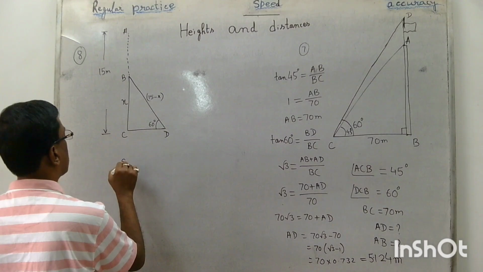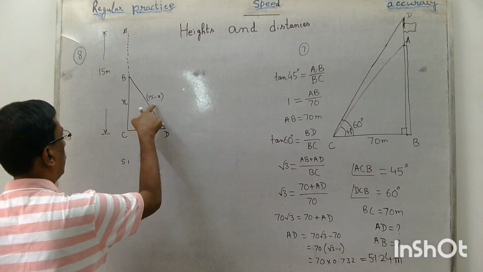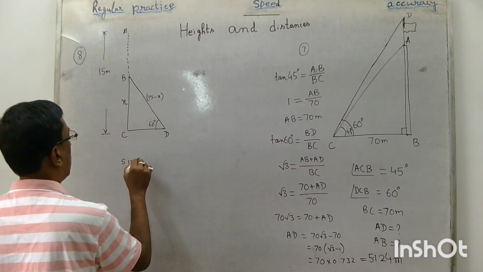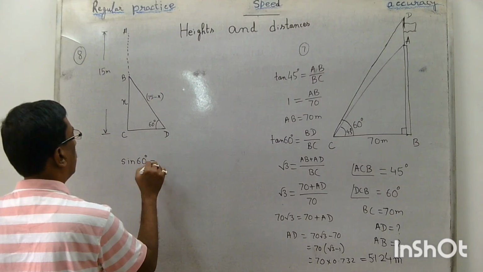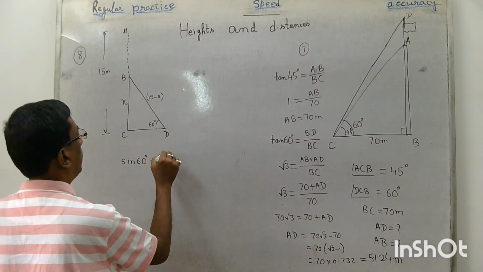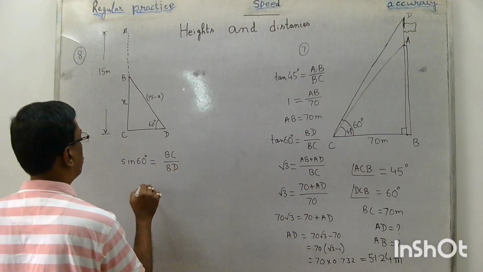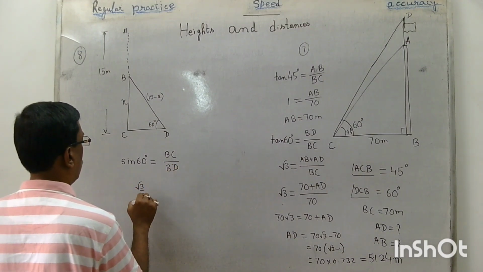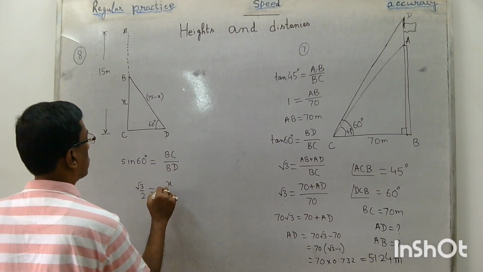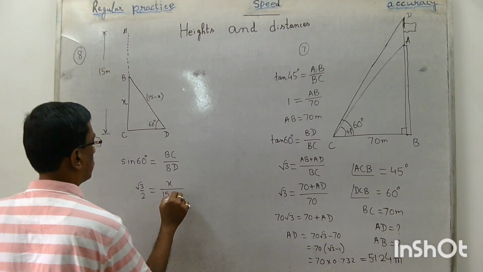So we take sine, because this is perpendicular, this is hypotenuse. Sine 60 equals perpendicular by hypotenuse. Root 3 by 2 equals x by 15 minus x.